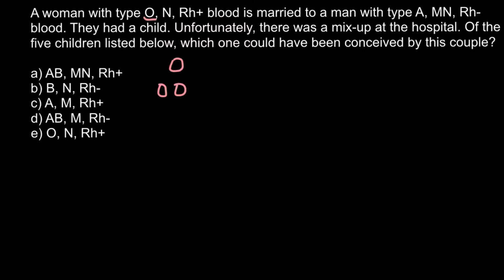The male belongs to blood group A, and this phenotype can be made by 2 genotypes, AA and AO. And of course we are going to get more variants if we cross blood group O with genotype AO.